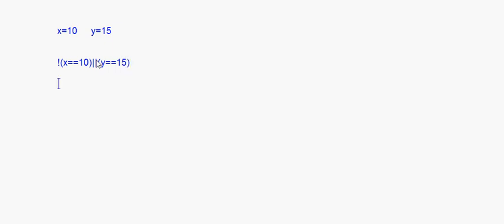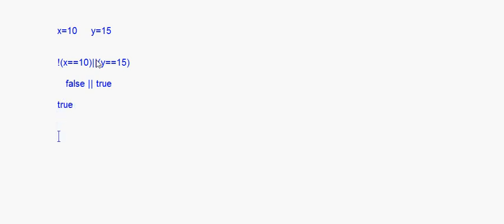Now x equal to 10 is true, right? But since we have a not before that, not true is false. False or y is equal to 15, which is true. So the answer is true.